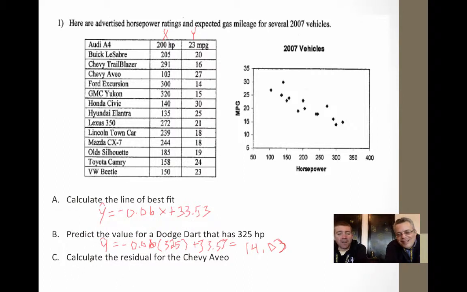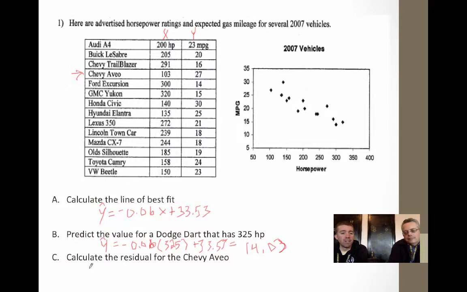So now we want to calculate the residual. Now the residual, remember, is the difference between our actual value y and our predicted value y hat. So we want to calculate the residual for the Chevy Aveo. Is that how you pronounce it? I don't know. Whatever. So that would be this guy right here. Okay, so our actual y was 27.